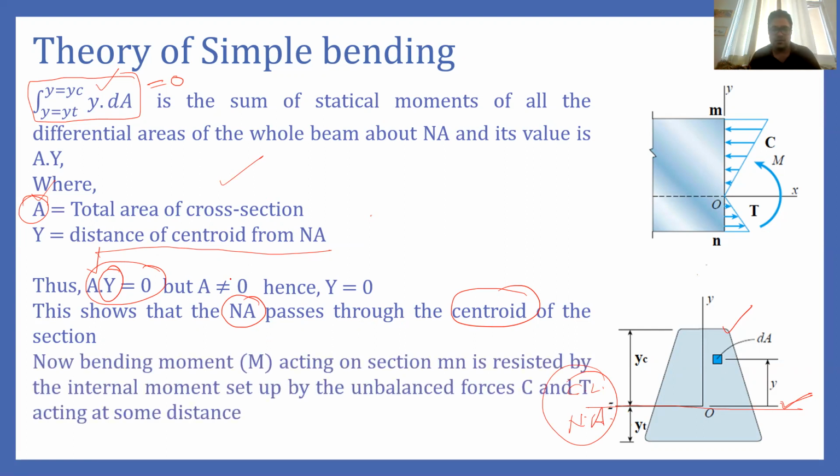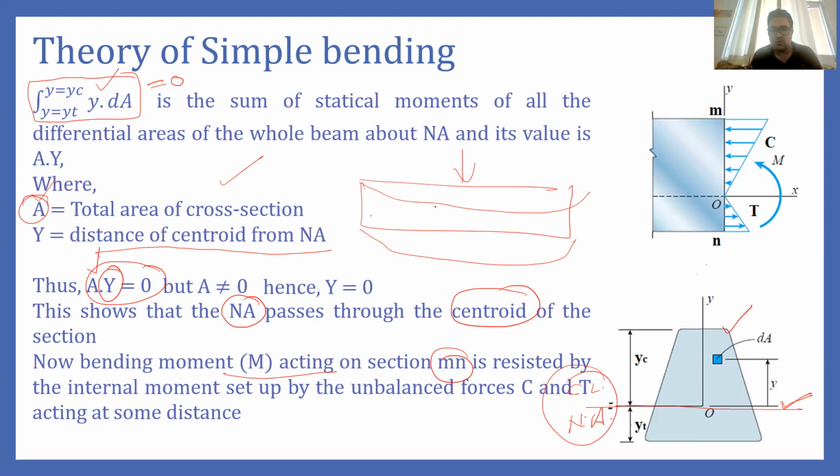Now we will try to find the expression of bending moment. Bending moment acting on the section Mn. We know that in the whole beam, because of this load, the whole beam is under bending, and this bending ultimately causes the bending moment.